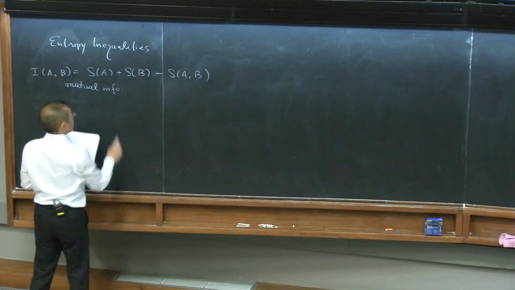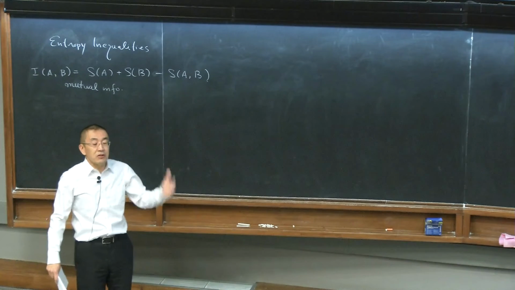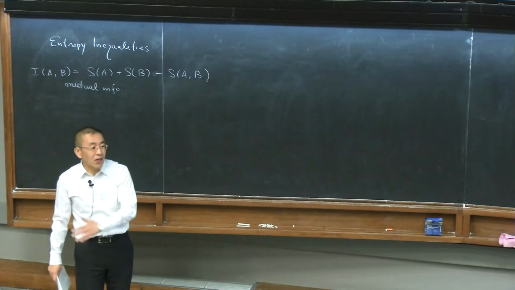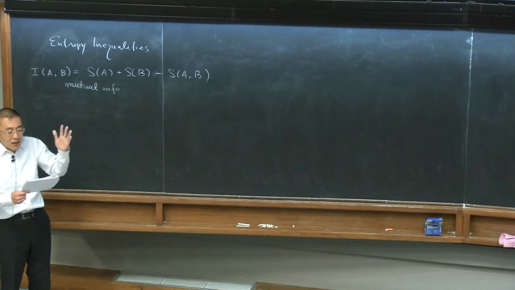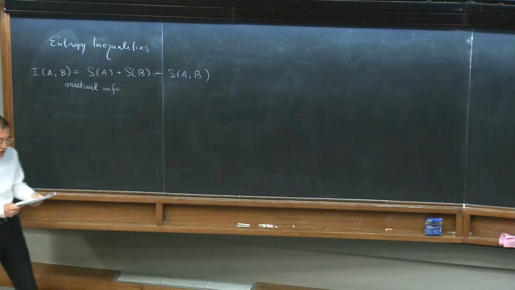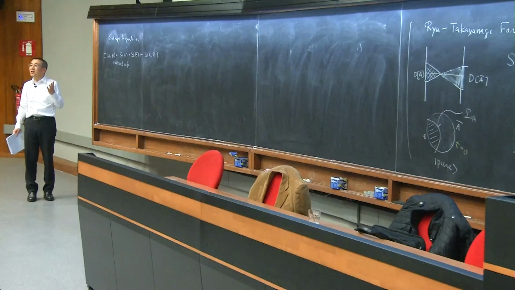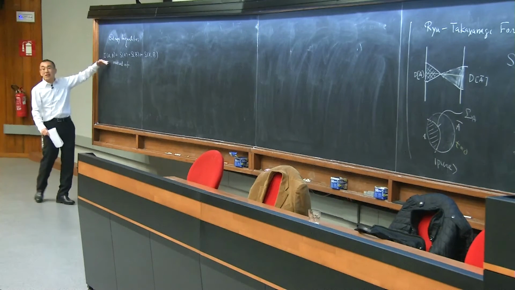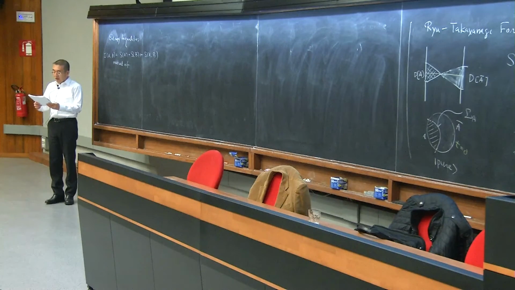Mutual information is an information quantity that tells you how much you learn about A when you learn about B, or more precisely, how much uncertainty about A is reduced by learning about B. So that's mutual information. And gaining information should always give you a non-negative amount of information about the other quantity. So this has to be non-negative. And that is actually called subadditivity.